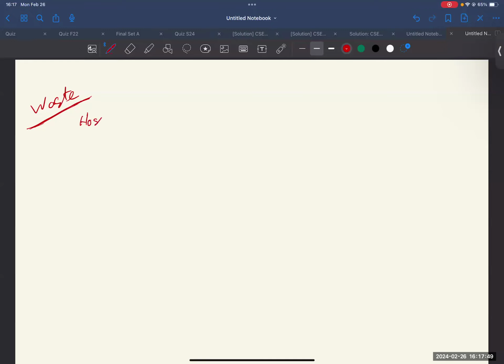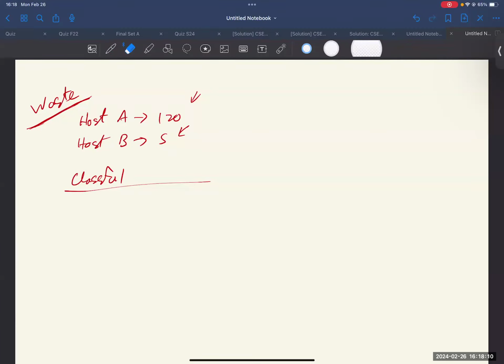So how does that work? For example, I have one host of size 120 and another host of size 5. These are my requirements. I need to give networks to these hosts. In classful IP addressing, for host A, how many IP addresses do I need? 120 plus 2, basically 122.